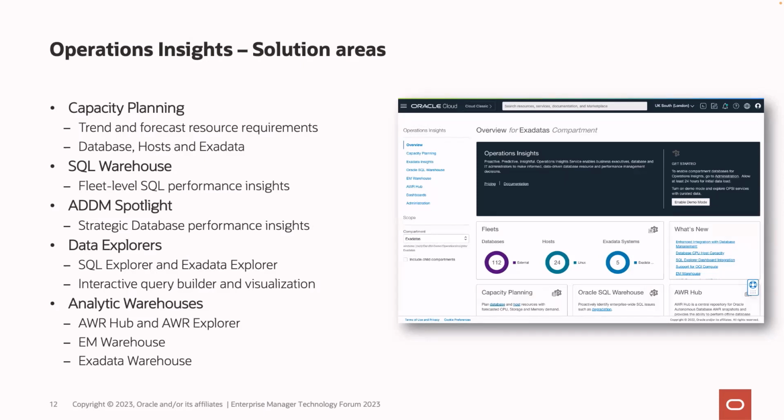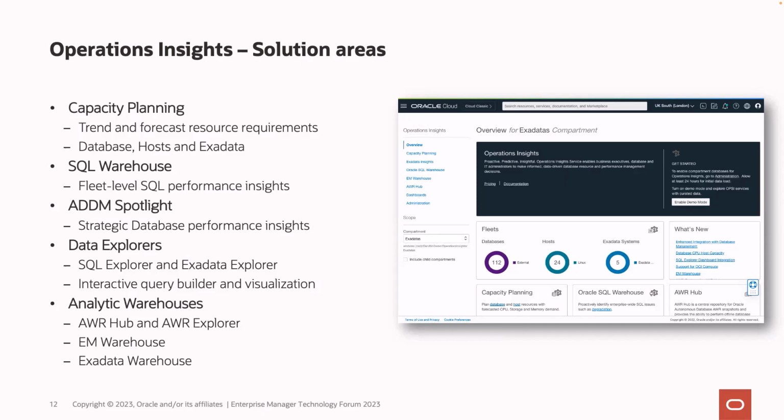We have ADDM Spotlight, which gives a strategic database performance insight view into your database from a DB time perspective. We have explorers such as SQL Explorer and Exadata Explorer, which use data object technology within Operations Insights to do analytics, create widgets, and use our dashboard framework technology to create dashboards for different purposes.